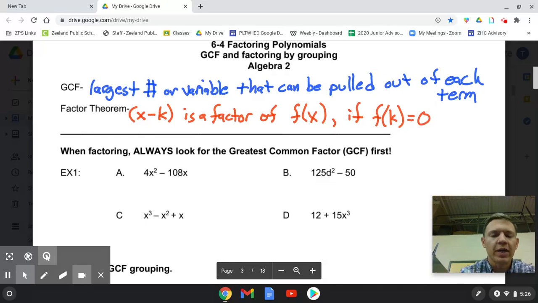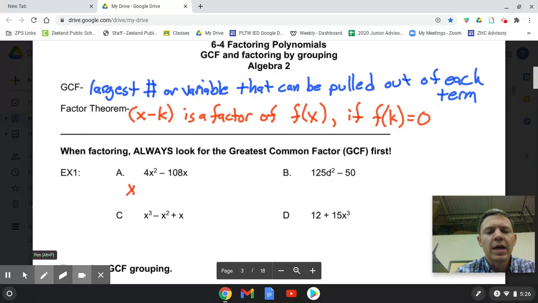Well, they both have an x in common, so x is going to be part of the greatest common factor. And they both have a 4 in common, so I take a 4 out. I know the 4 goes into 4. I know 4 goes into 108.